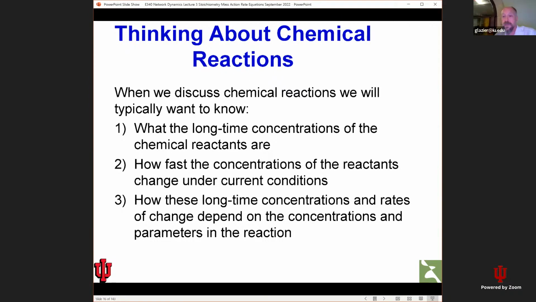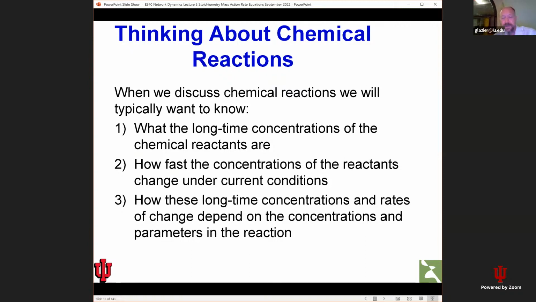So what are the kinds of questions that we're going to be asking when we deal with chemical reactions? Well, first thing we typically want to know is what long-term concentrations of our chemical species are. Often you'll have a short-time equilibration or approach to steady state, and then roughly constant concentrations over a fairly long period of time. Although in biology, almost nothing ever stays constant for very long.